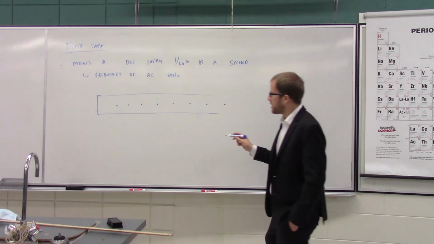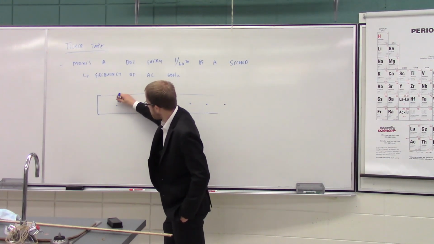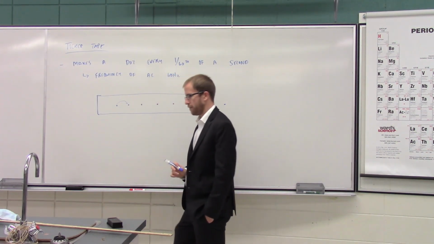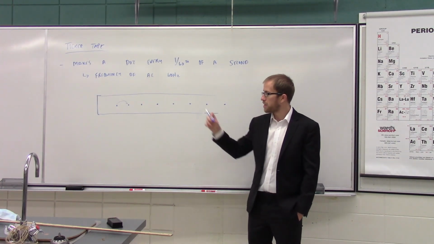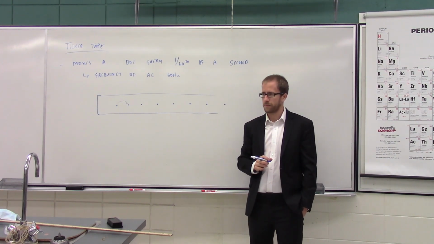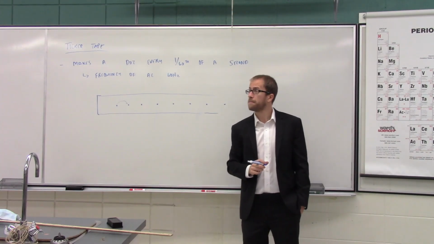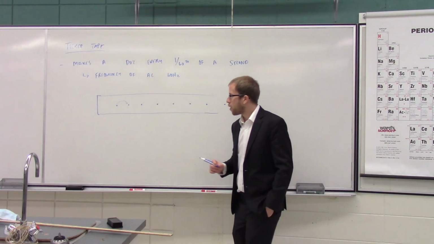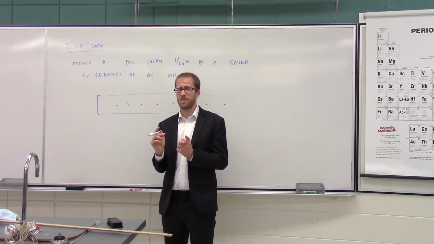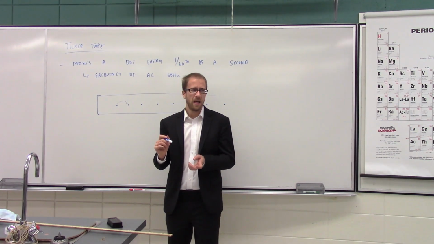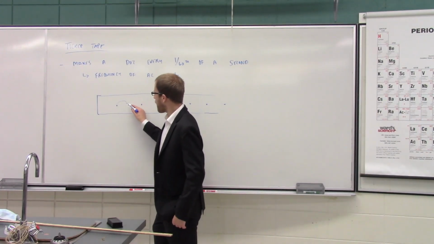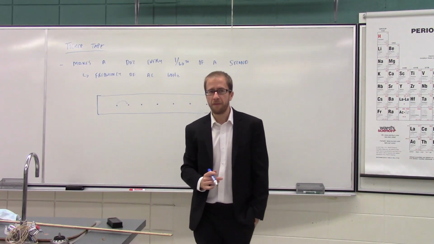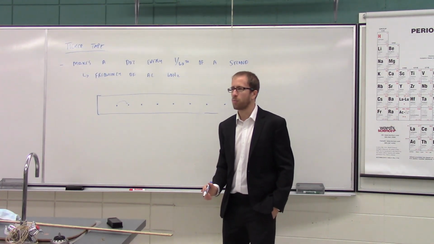Now, what is the time it takes to get from this dot to this dot? I just said it. 1/60th of a second. Now, on your tape, the dots are going to be pretty close together, and if you measure just one gap, your result will probably be fairly inaccurate because these machines aren't perfect.